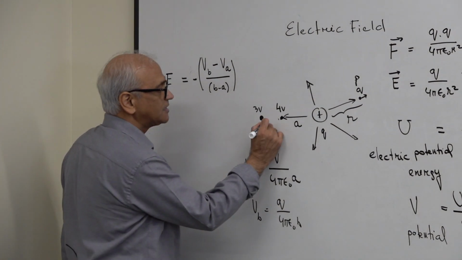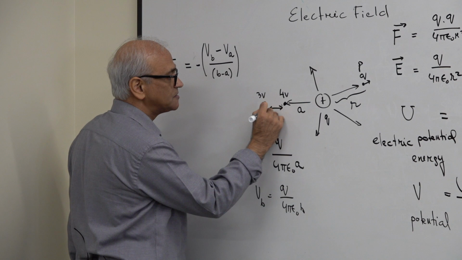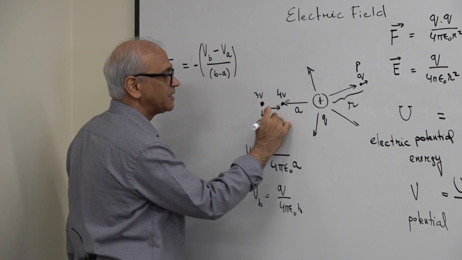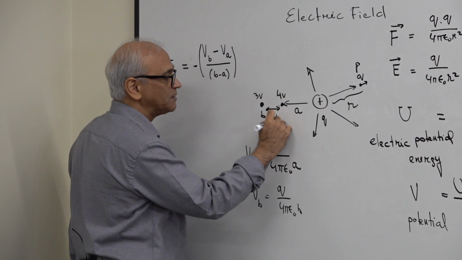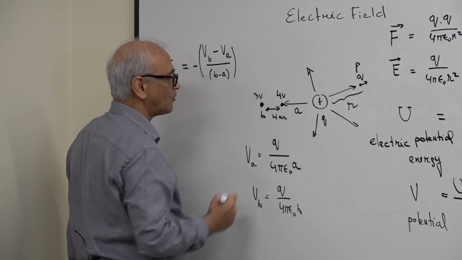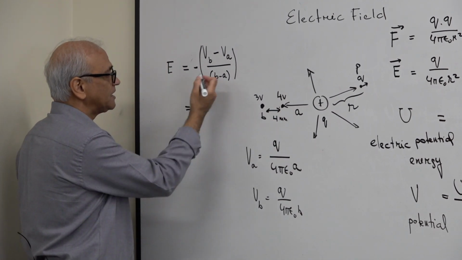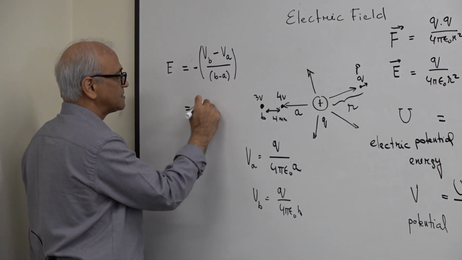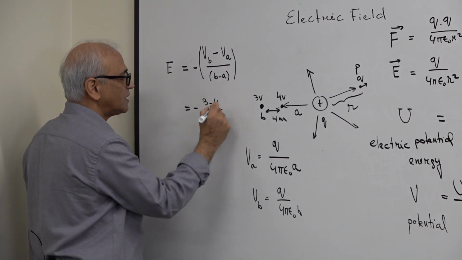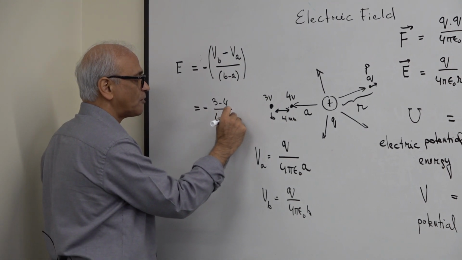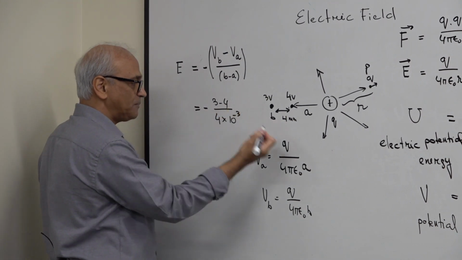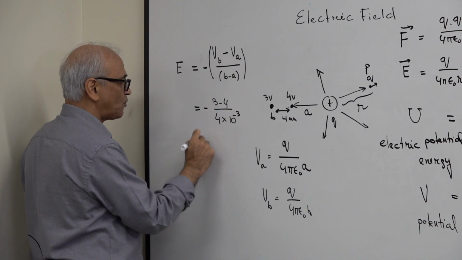So let's say that the distance between them is, I'll just make something up, 4 millimeter. So the electric field in this case would be minus 3 minus 4, over 4 millimeter. And 4 millimeter is 4 times 10 to the power minus 3 meter. So what do I get here?